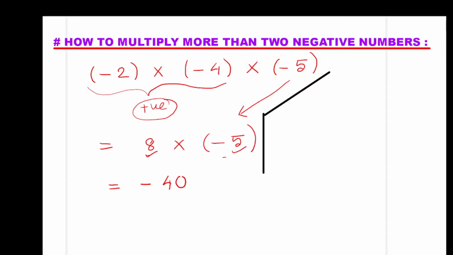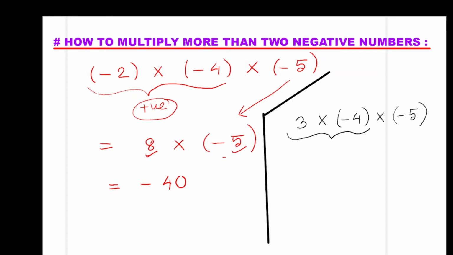Another example. 3 into minus 4 into minus 5. But here all the numbers are not negative. One is positive. Now see, positive into negative will give us negative.